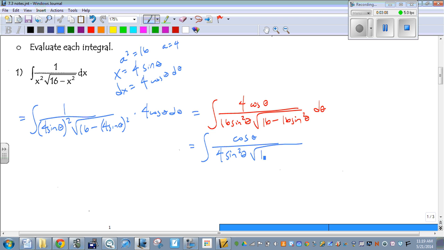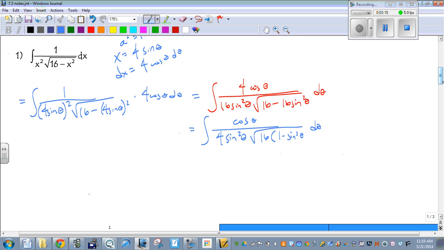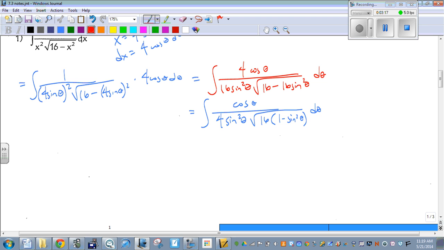And like I said, factor that 16 out. And when we factor that 16 out, we get 1 minus sine squared of theta, which is a Pythagorean identity that we should know. And that should be helpful for us to simplify things.